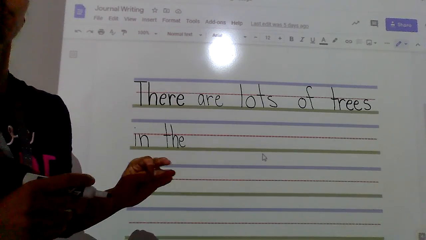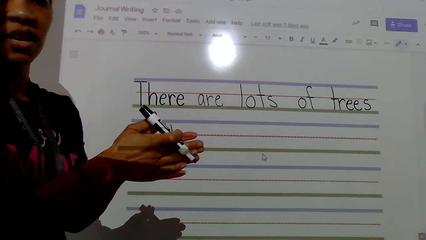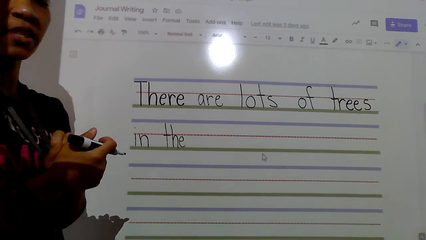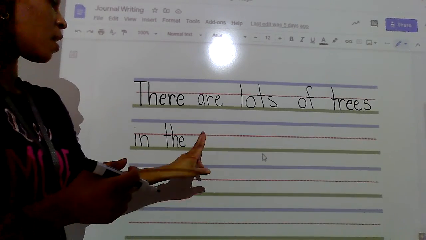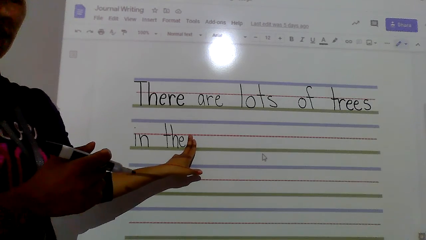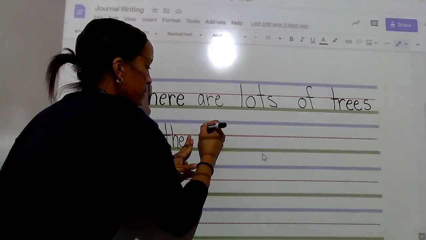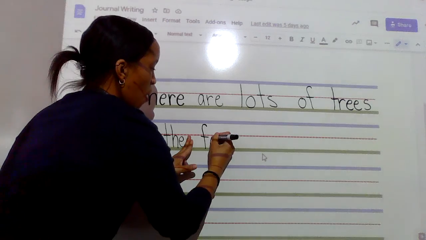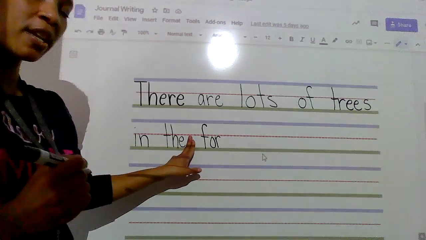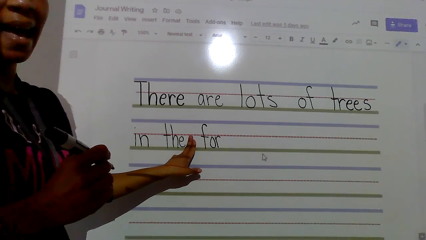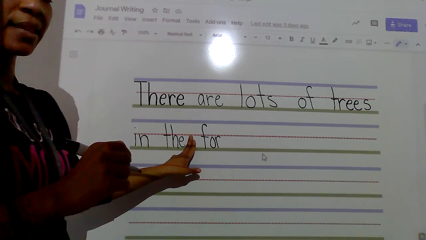Forest. Let's clap the syllables in forest. Forest. 2 syllables. What's the first syllable? For. For is also a power word. So I'm going to write for. F, O, R. I don't need to sound it out because I know how to spell it. For, S. The second syllable, I can sound out.